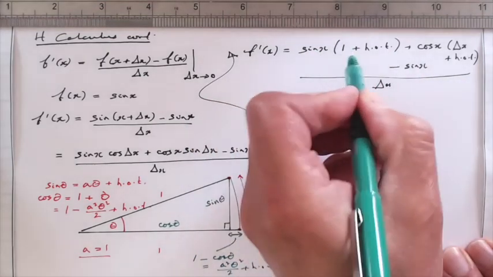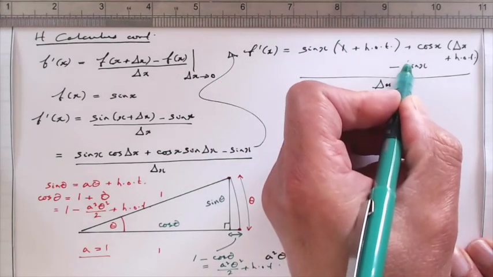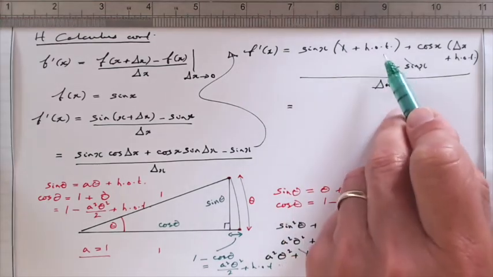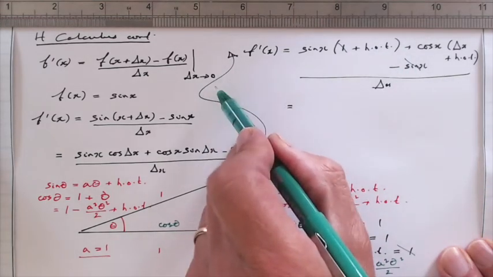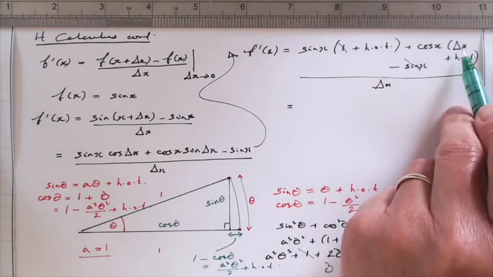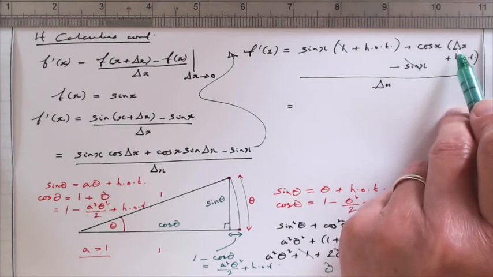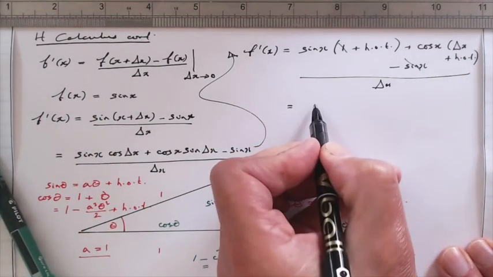So I have sine x times 1 minus sine x, so this term cancels this term. I have higher order terms that are going to be 0 once I take this limit of delta x to 0. I have cosine of x times delta x. Now cosine of x times delta x divided by delta x is just cosine of x.